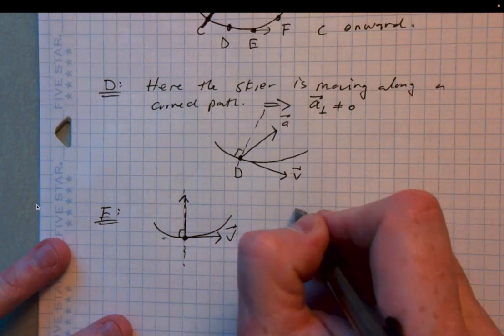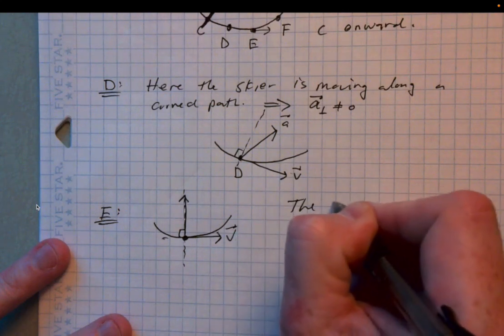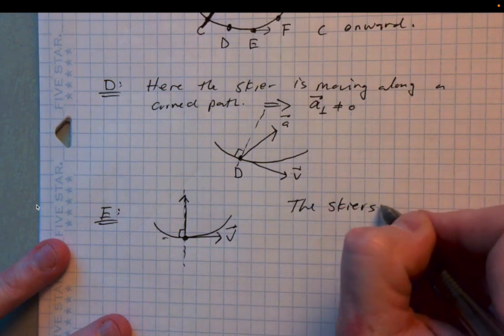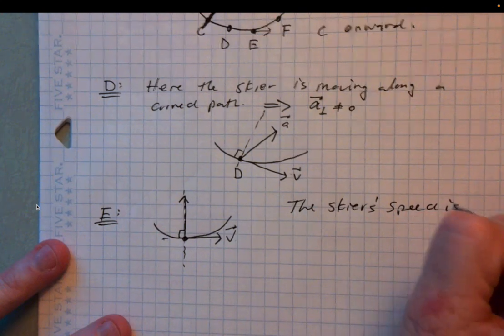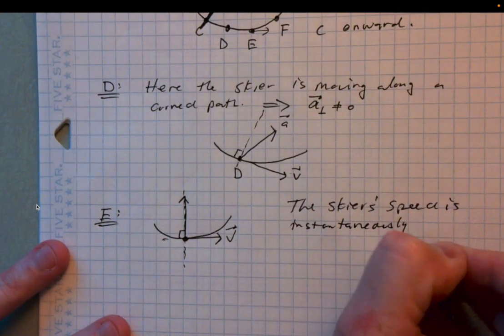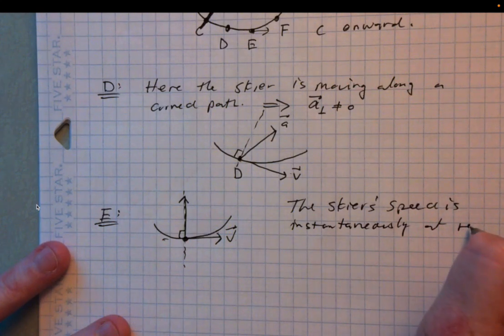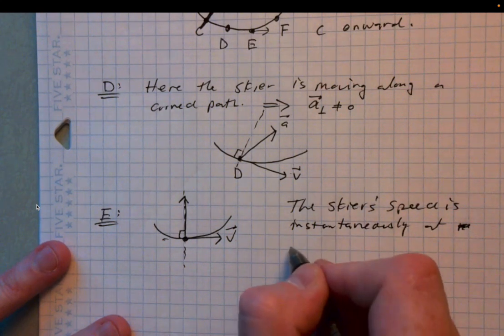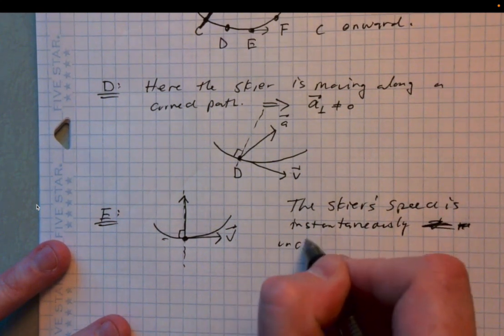So we would say here that the skier's speed is instantaneously unchanging, not at rest, but instantaneously unchanging.